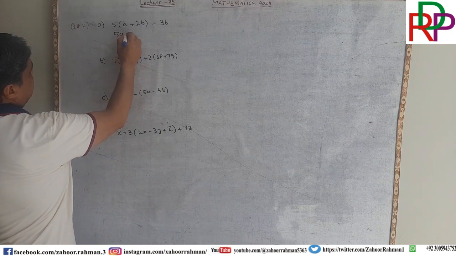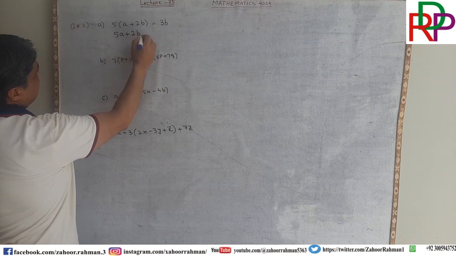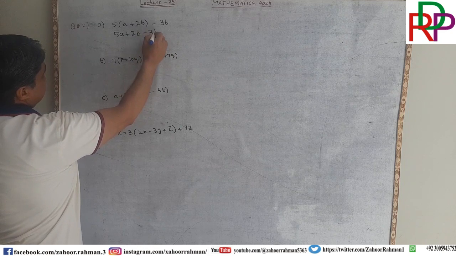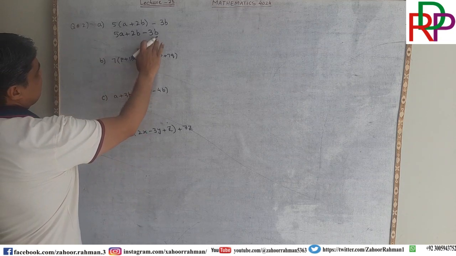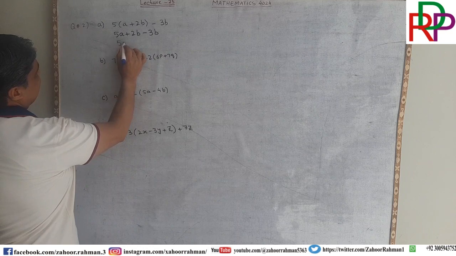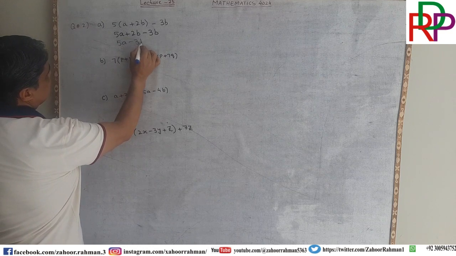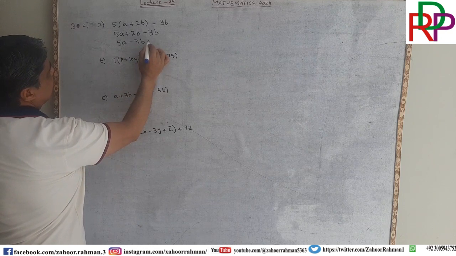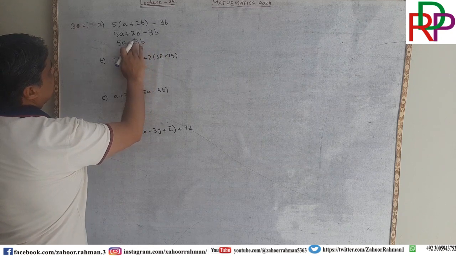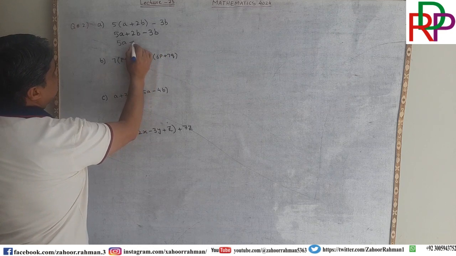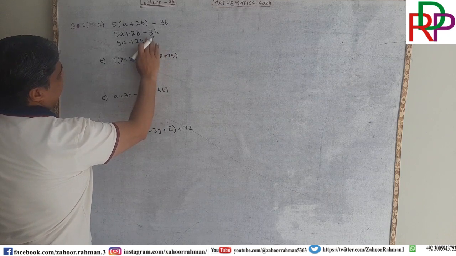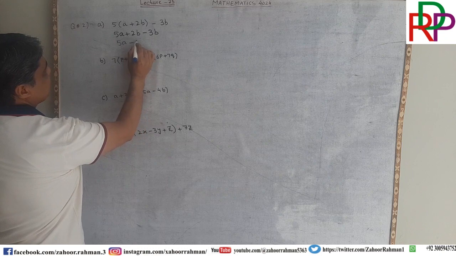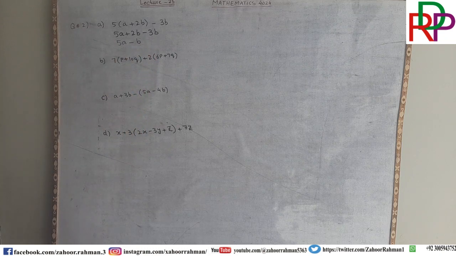5a plus 2b and minus 3b will come in its place. So minus 5a plus 2b minus 3b, and that will be minus b, and that is the answer.